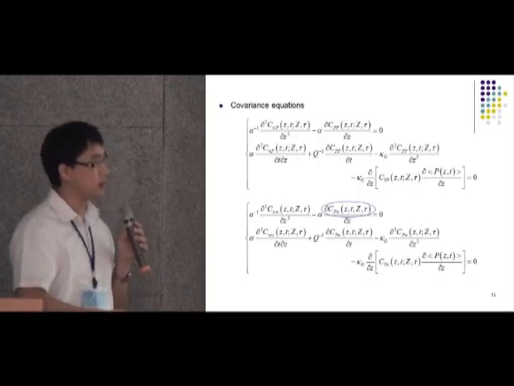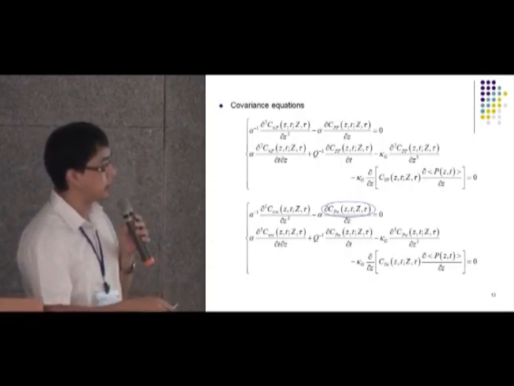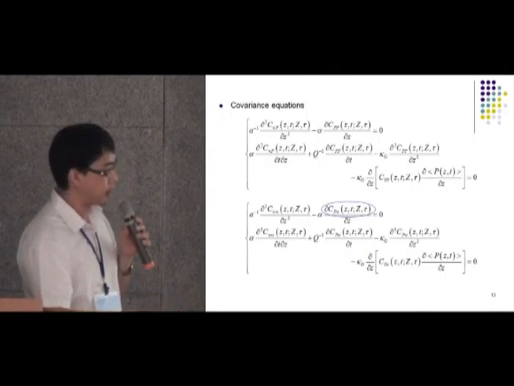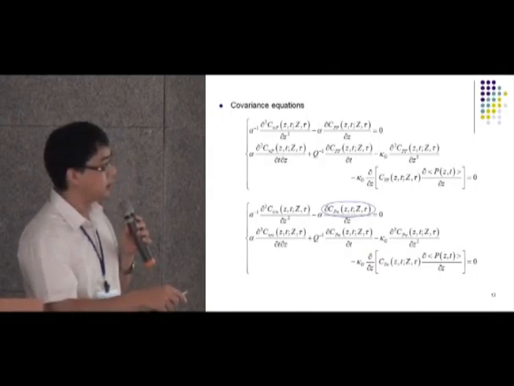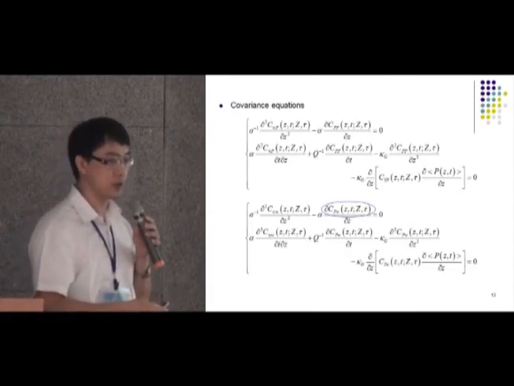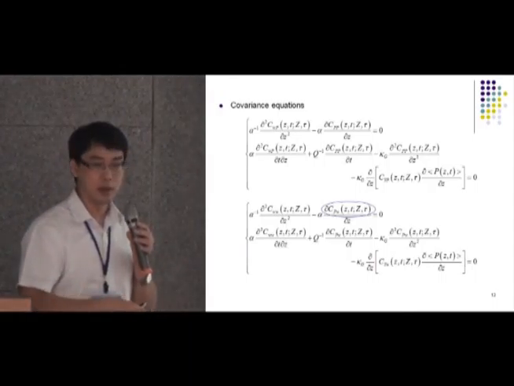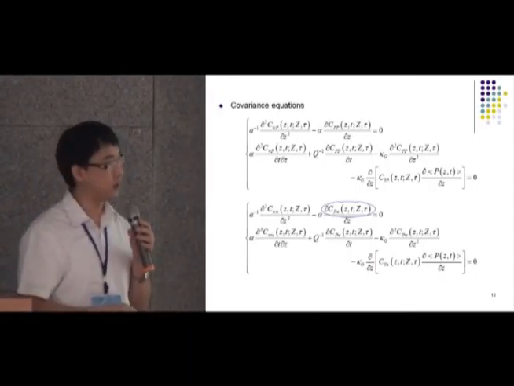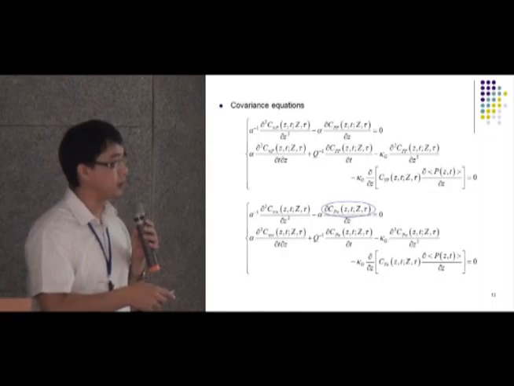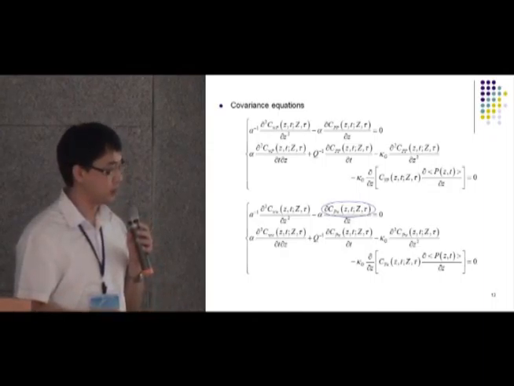Then we have another covariance equation. Here we have WP and CPP, and CWW and CPW. The CPP we can calculate to be the variance of the change in water pressure. We can use this equation to evaluate the uncertainty of the system, like the change in water pressure and also the displacement.